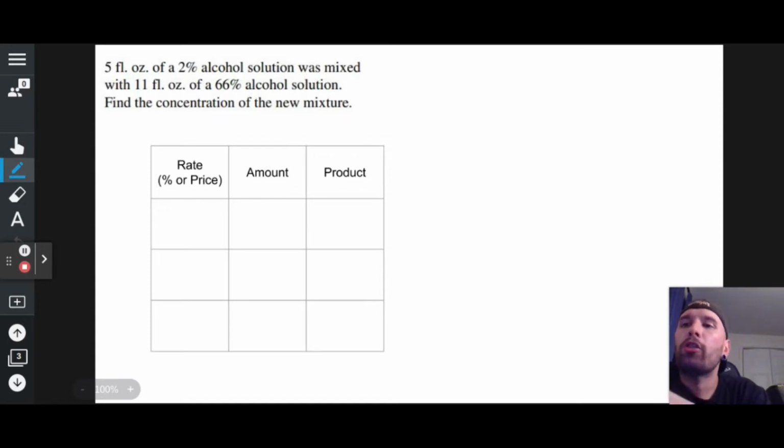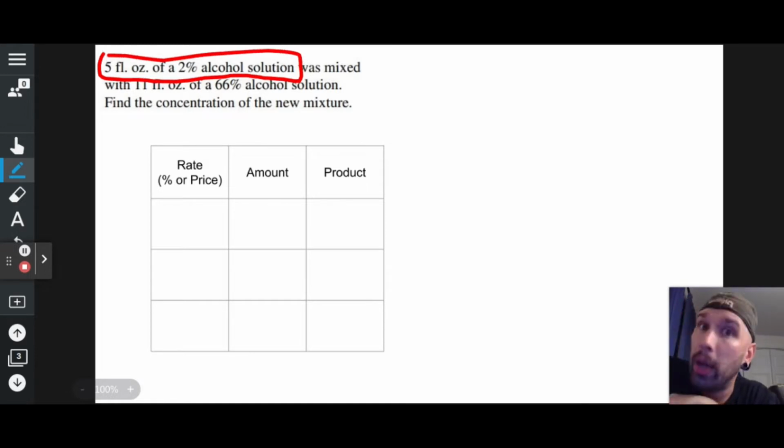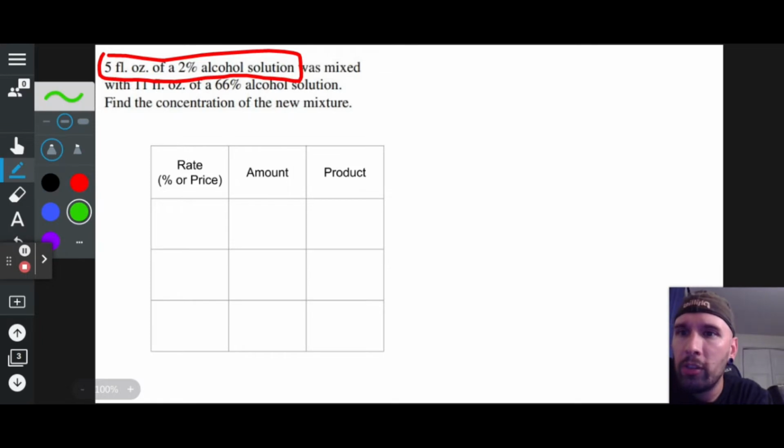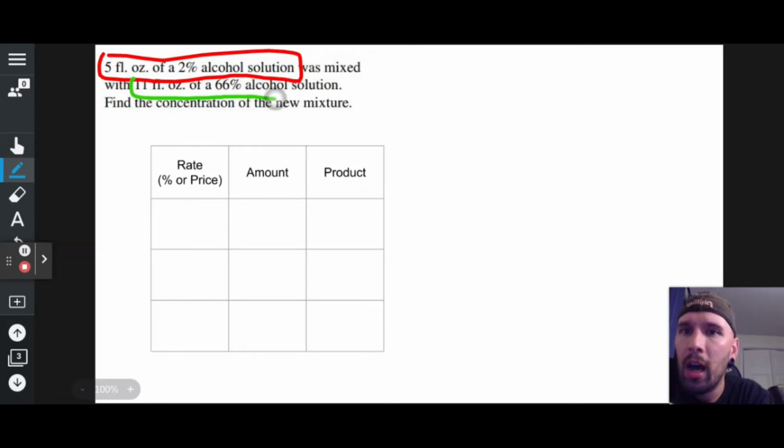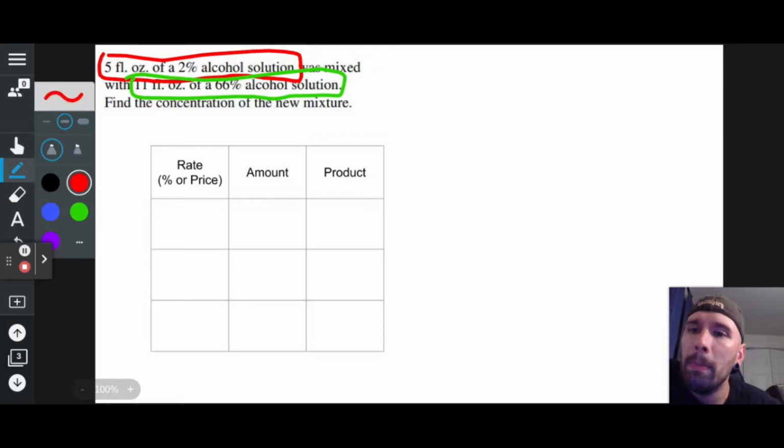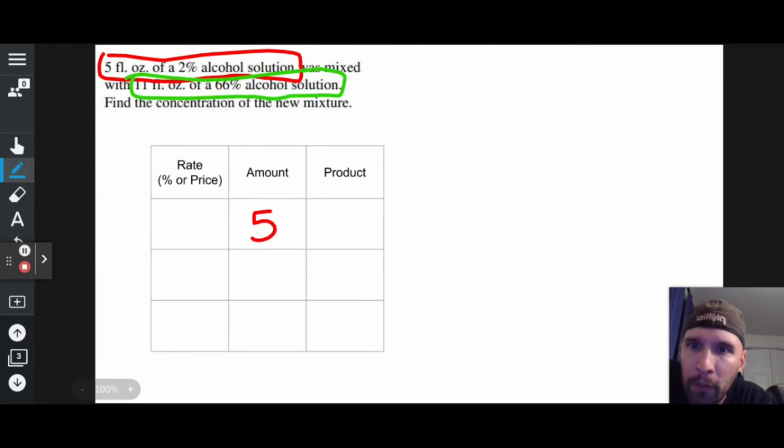All right. So I have mixture number 1, 5 fluid ounces, 2% alcohol solution. I'm going to put that in red. It's mixed with 11 fluid ounces, 66% alcohol solution. Find the concentration of the new mixture. The concentration is the percentage. So in mix red, I have 5 fluid ounces, so in my amount, I'm going to put 5.